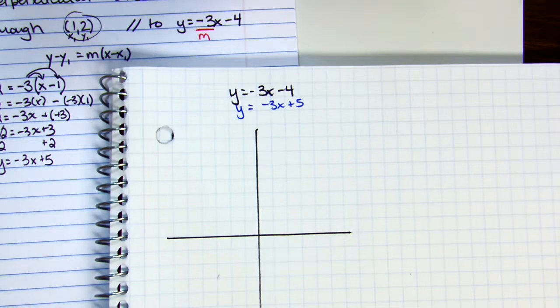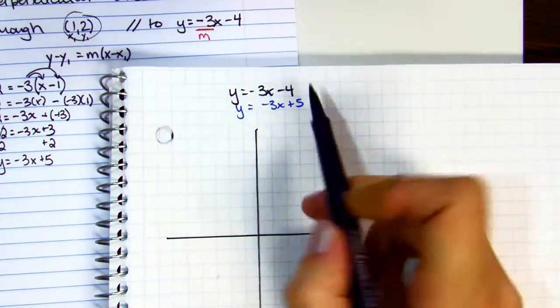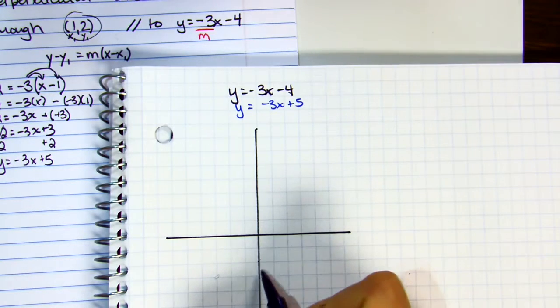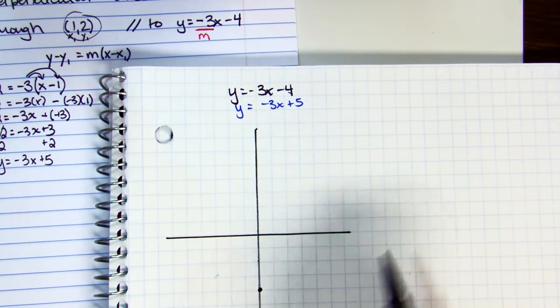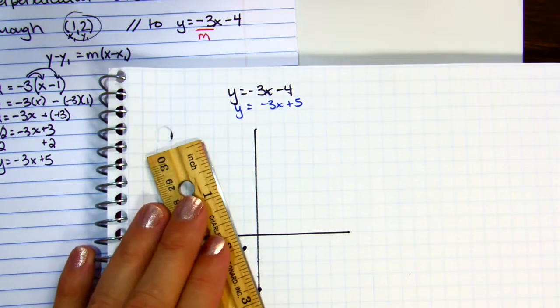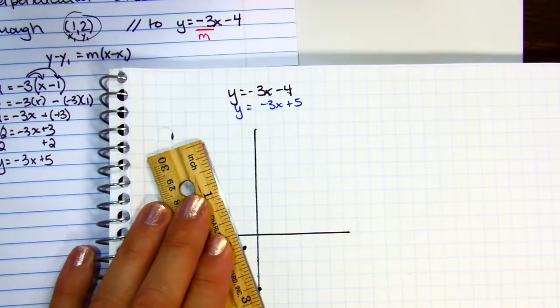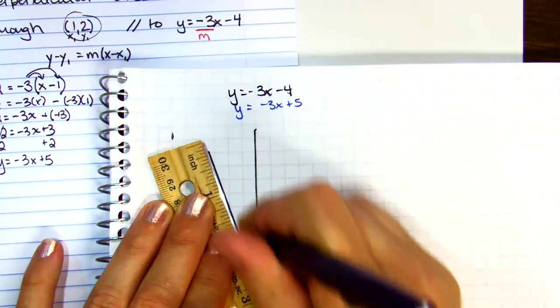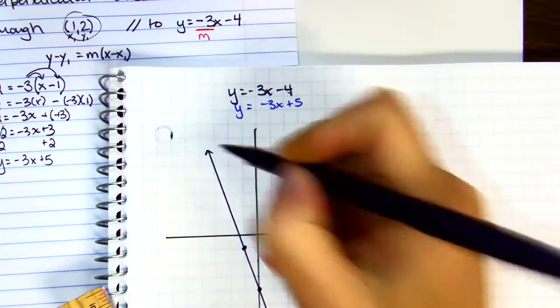Okay, so for my first line, let's start at my y-intercept, which is negative 4. So 1, 2, 3, 4. My slope is negative 3. So I go down 3 over 1. I'm going to go up 3 and back 1 so I don't run off. And let's connect those dots. So there's line 1.